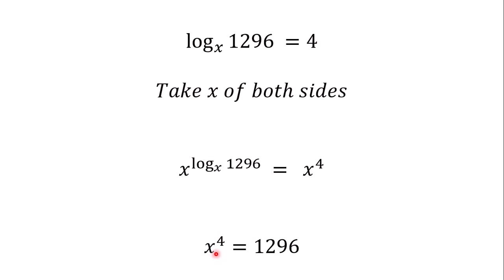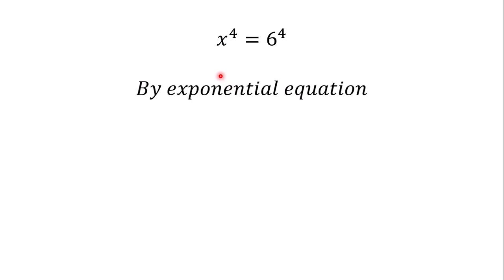So x raised to the power 4 is equal to 6 raised to the power 4. Now, by exponential equation, from the indices, when the powers are the same, we assume that the bases are also the same.